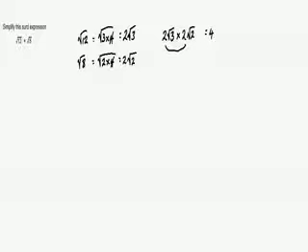And then we've got root 3 times root 2, which is the same as the root of 3 times 2. So that will give me 4 root, and 3 times 2 is 6. So that's my answer, 4 root 6.